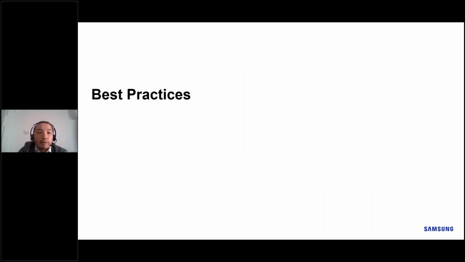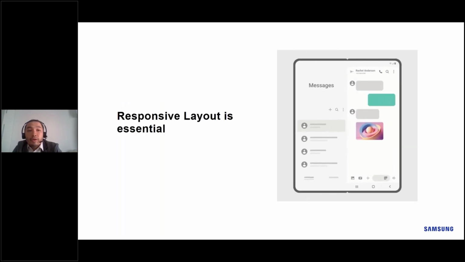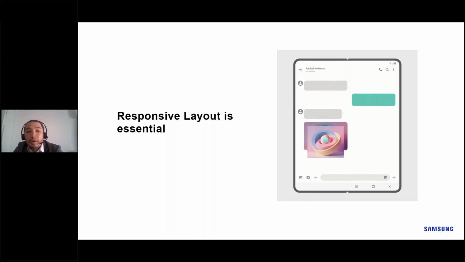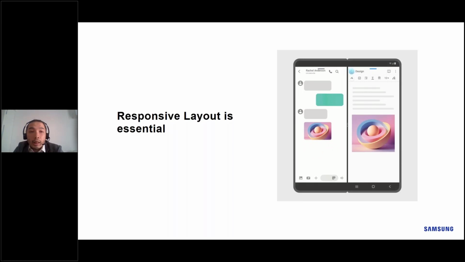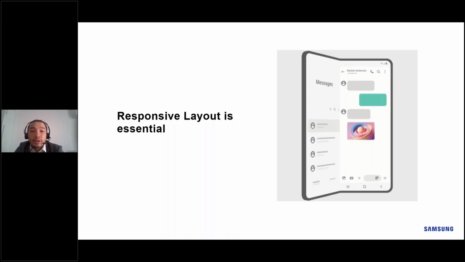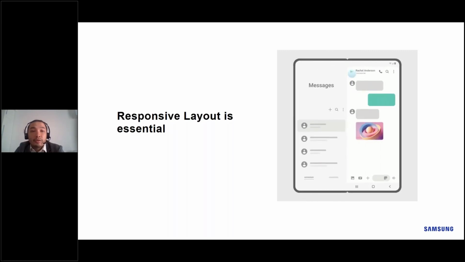Okay. So the next few slides, we'll be discussing the common best practices that we suggest when you are adapting to fold devices. Since users unfold and fold their devices frequently, it is important to provide an optimized layout for each screen by dynamically changing the UI to match the screen size.